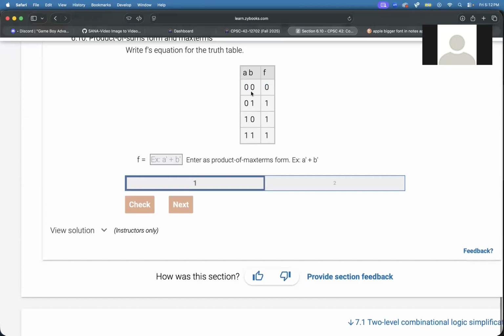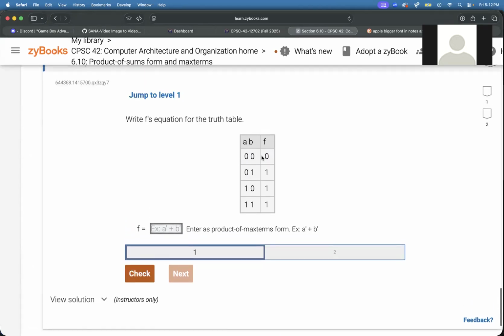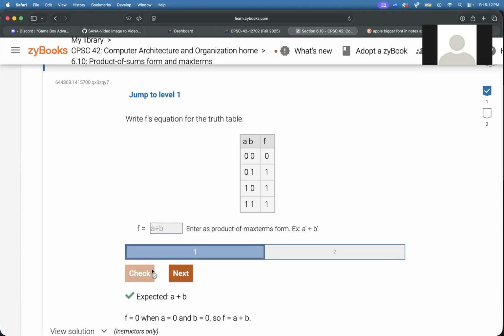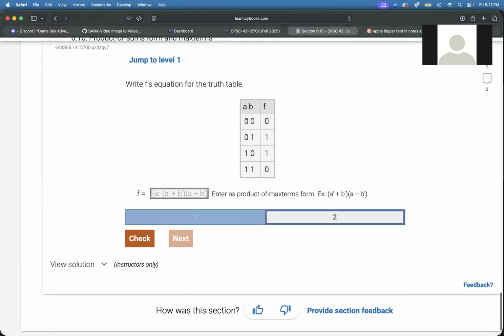So when we're doing this, we need this term up here where the zeros are, which is 0, 0, which would mean, I think, A plus B. For this one, the 0, 0 up here means A plus B. And it's a product of sums.